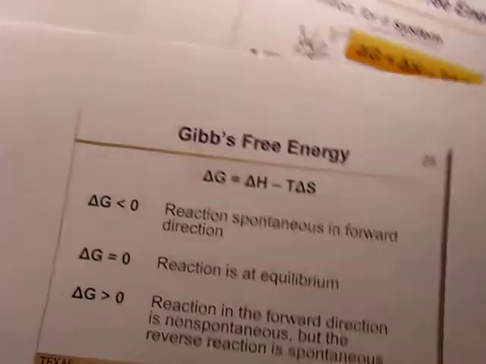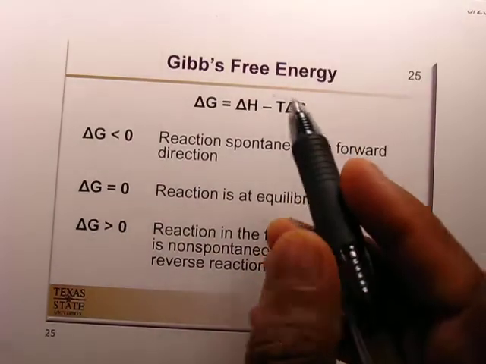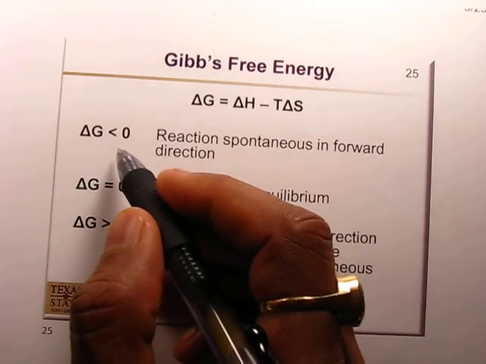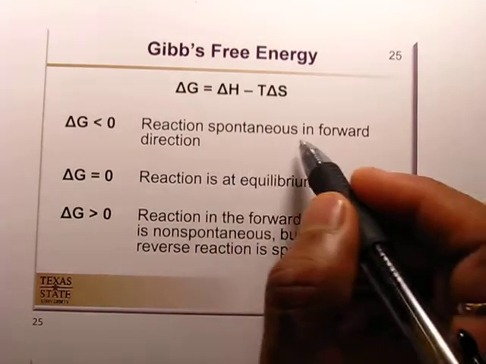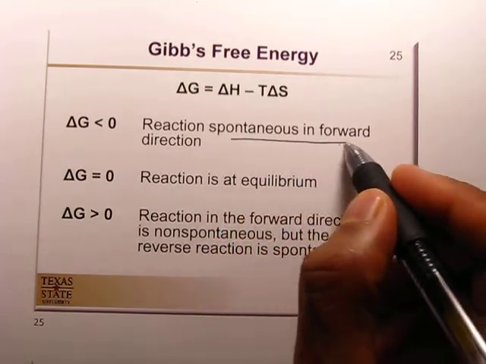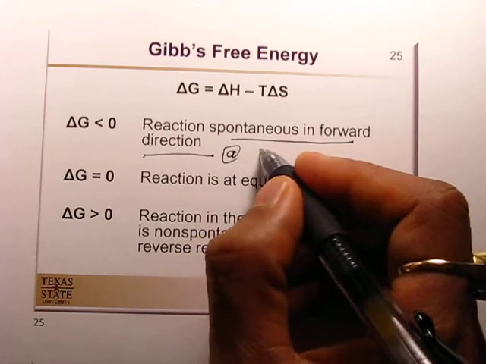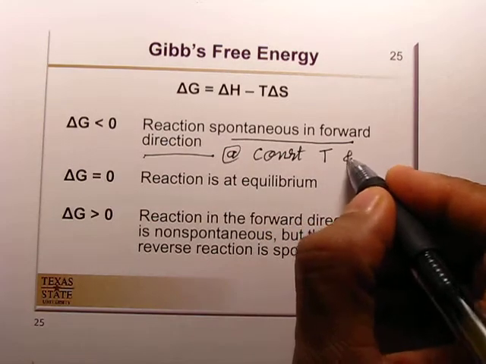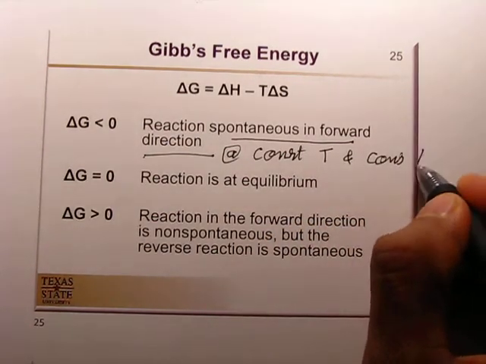So we'll see one more relationship using this equation. If delta G is less than 0, then the reaction is spontaneous in the forward direction at constant temperature and constant pressure.